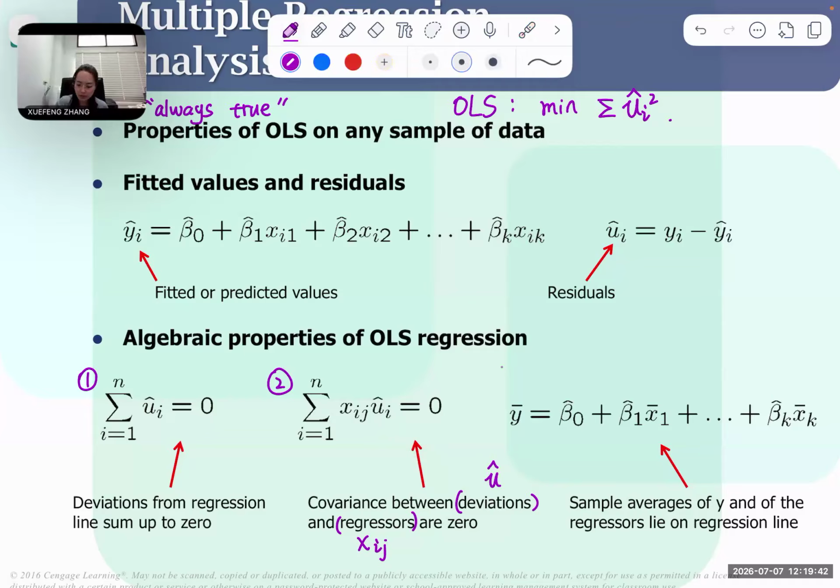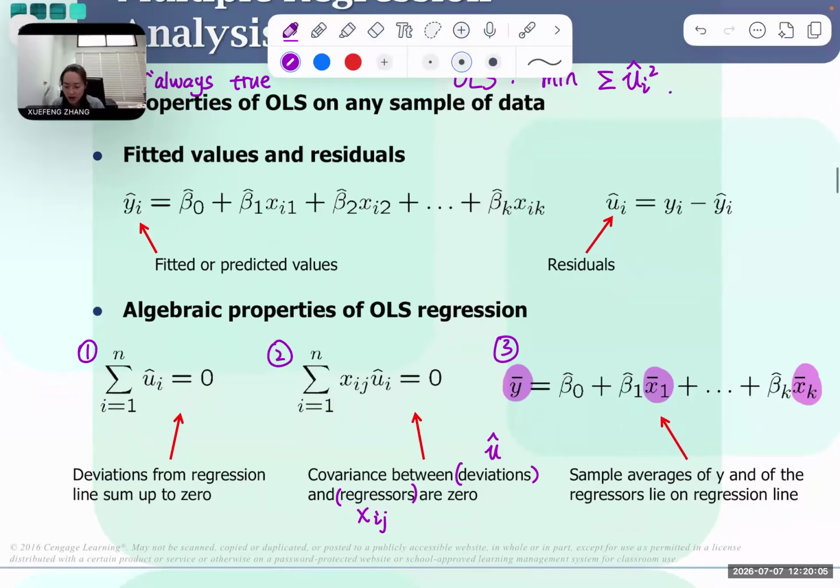The third one: y bar equals beta 0 hat plus beta 1 hat x1 bar, all the way through to beta k hat times xk bar. Here y bar, x1 bar, xk bar are the sample averages of y and x.